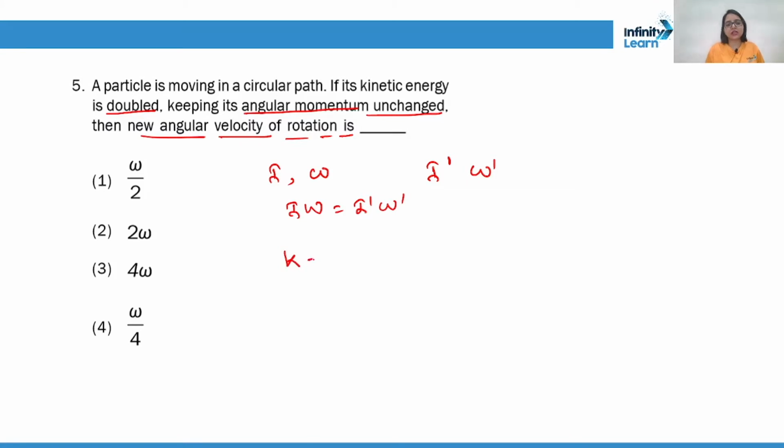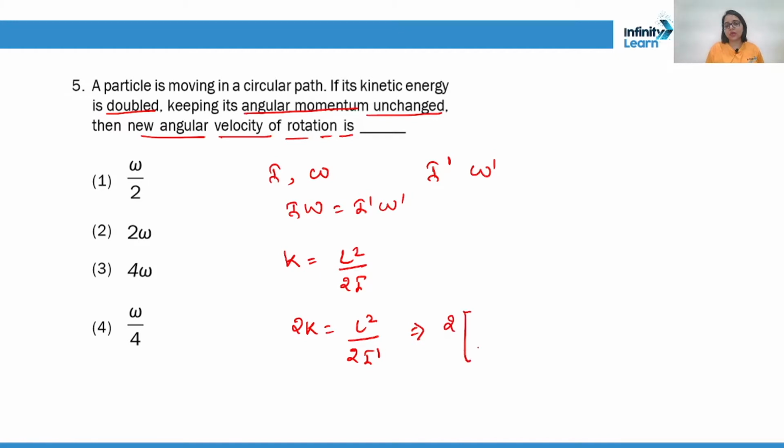Initial kinetic energy is k, which is L square upon 2I, right? So L is constant. That means if the new kinetic energy is 2k, then it will be L square upon 2I dash. We are not changing the value of L, so I will change to I dash. So from this relation, k is L square upon 2I.